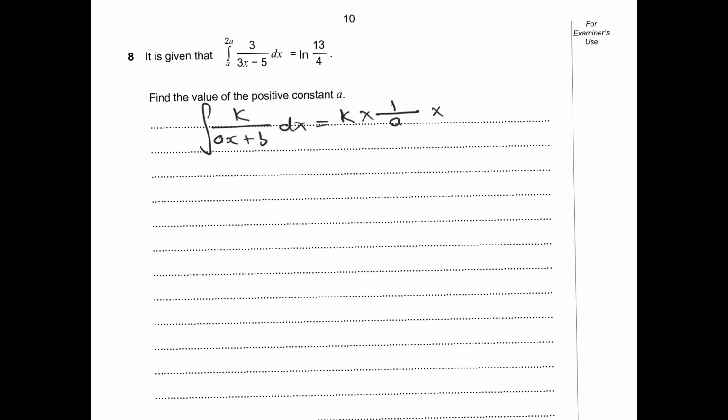That is actually ln of ax plus b, plus c. So simplifying that, we have k over a ln of ax plus b plus c. So that is the integral of a rational function, of which this is actually one.